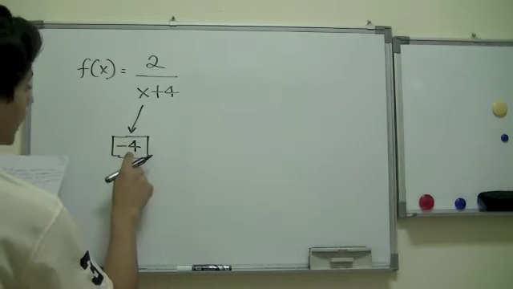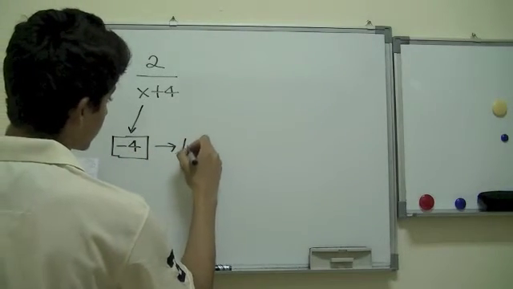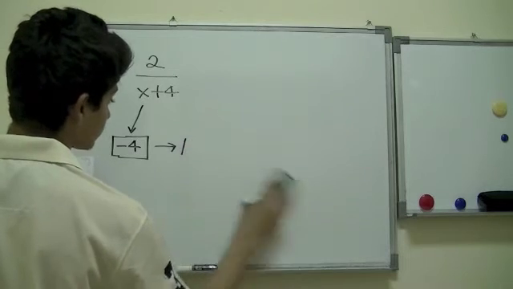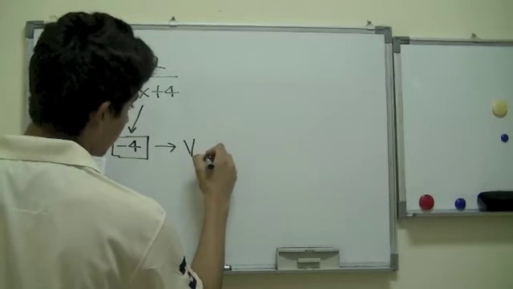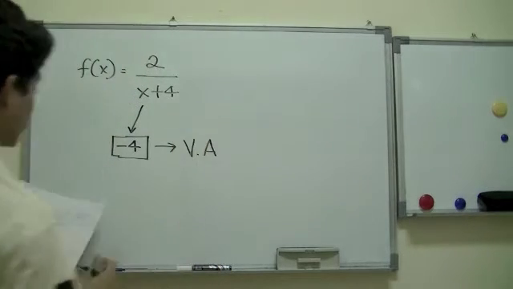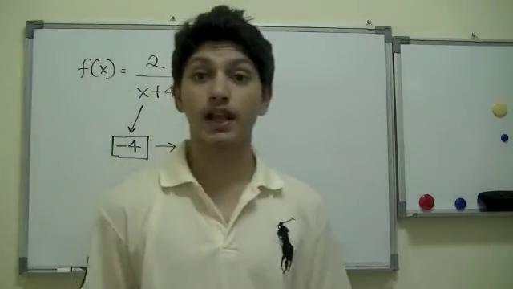If x takes on the value -4, that would never happen. So it's a vertical asymptote. We have got the vertical asymptote to be -4.